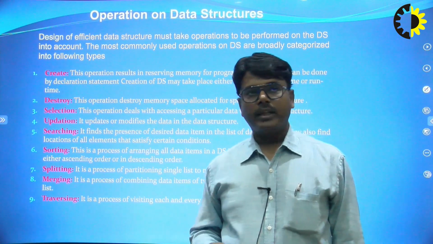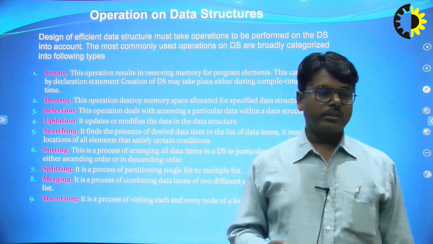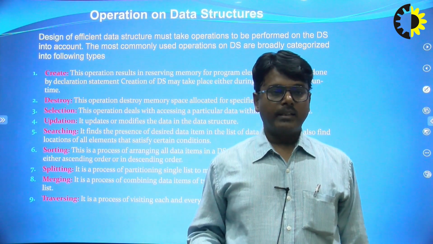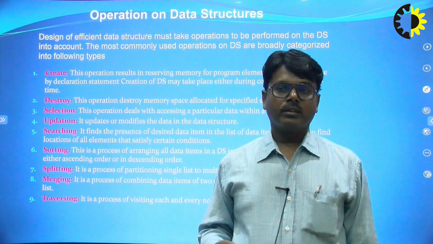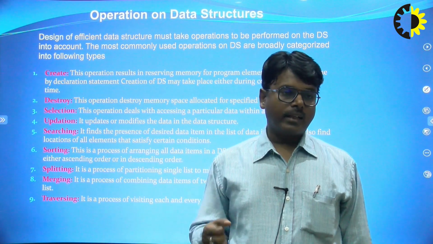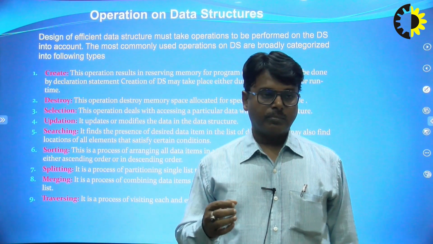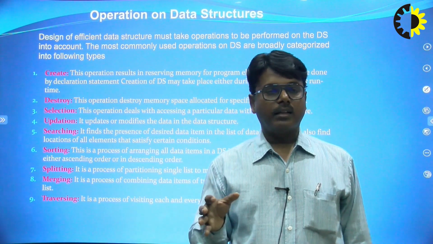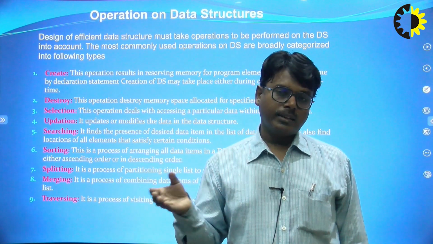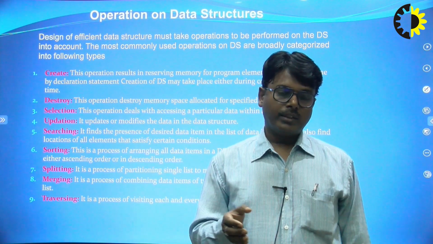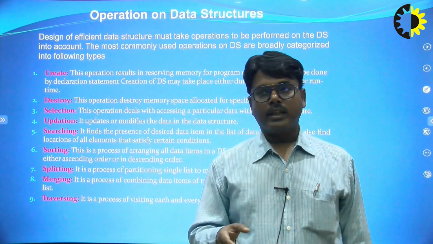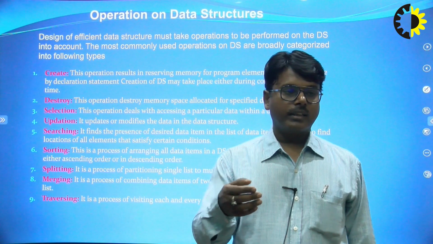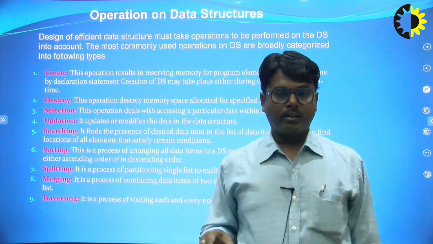Next, whatever data is stored in the data structure, possibly we have to maintain it in a certain order. What kind of order can it be? It can be either descending or ascending order if it is a numeric data type, but in the case of characters it can be ascending or descending in character-wise alphabetic order.